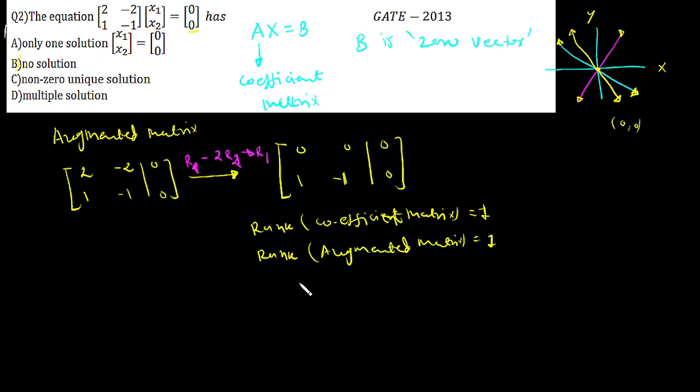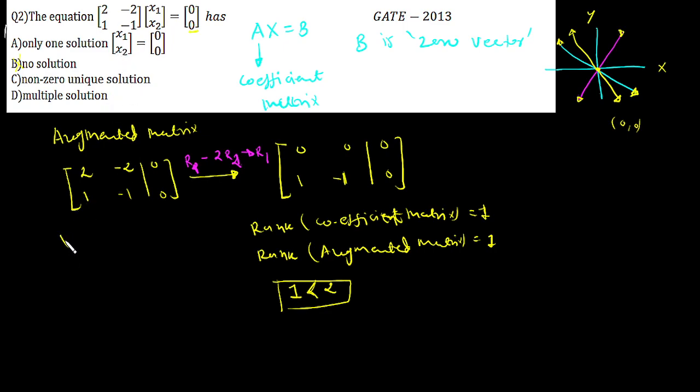So to reach the final conclusion, let's compare this rank with the number of unknowns. Here the rank is 1 and the number of unknowns we have is 2, in terms of x1 and x2. So I can say this system is rank deficient, deficient by 1. So at least one variable is independent. We have two variables x1 and x2.